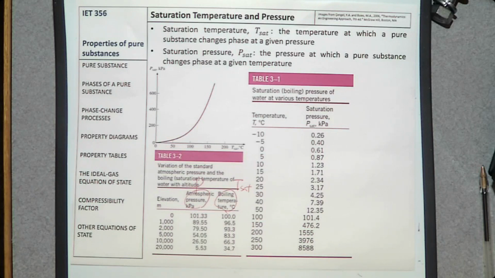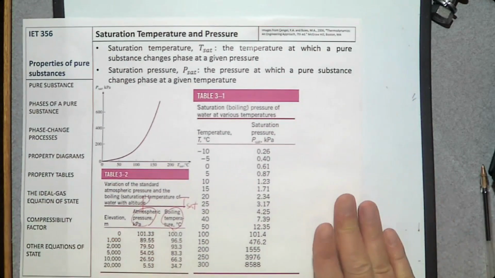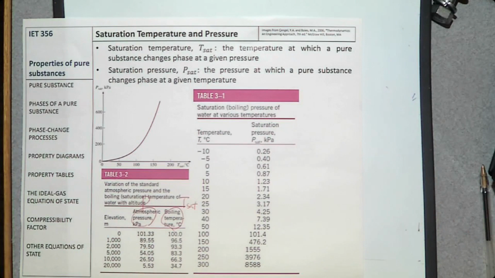Then why don't they pressurize the cabin to meet this atmospheric pressure? Because it costs a lot of fuel. So they maintain somewhere here. So what about the P_sat? At 20 degrees Celsius, that's the room temperature in this classroom, what is P_sat? 2.34 kilopascal.